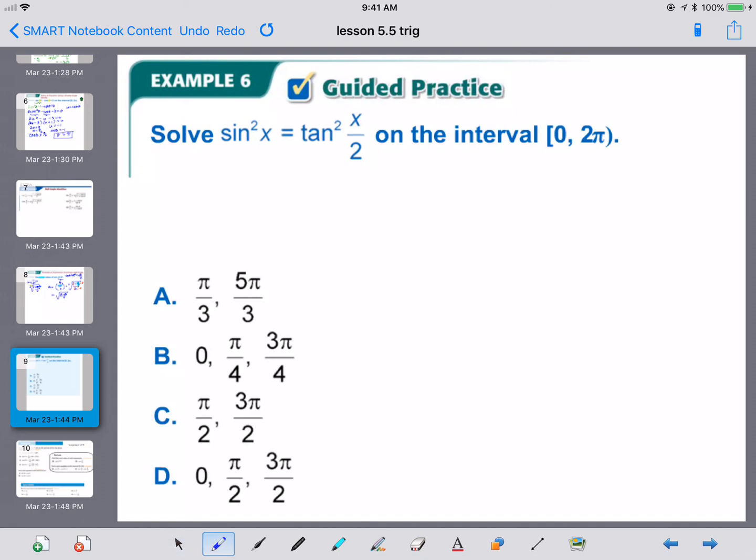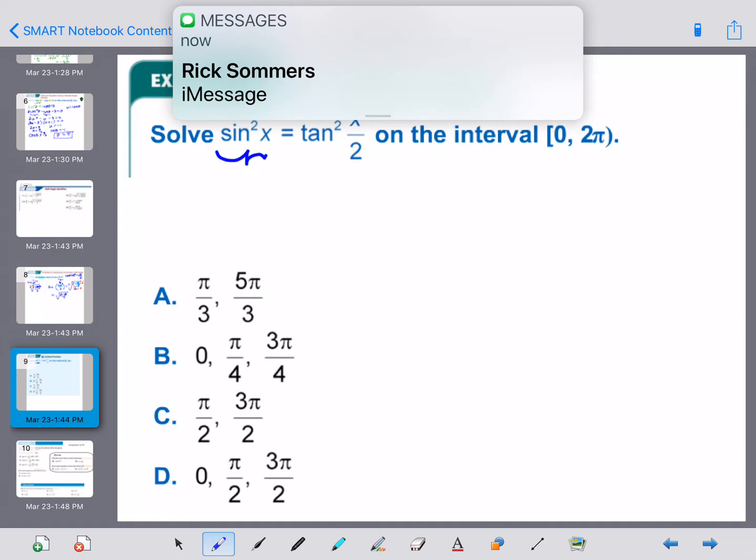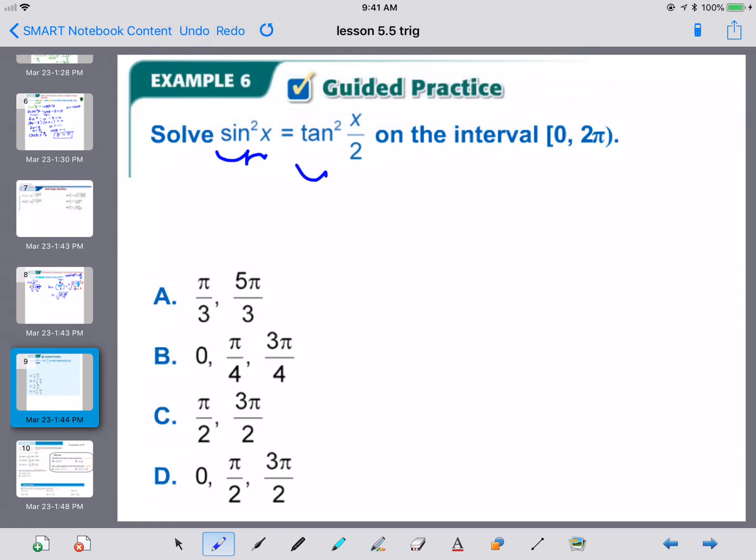Okay. So, you will notice that this side has a sine squared of x in it. But the other side has a half angle in it. Why? Because it's x divided by 2.